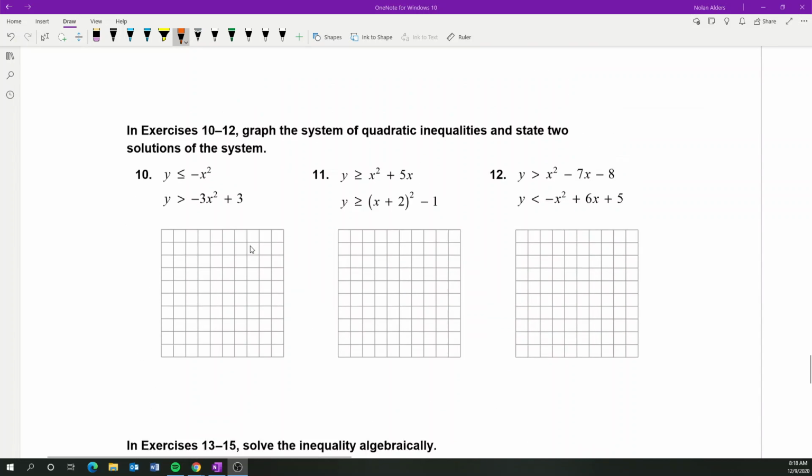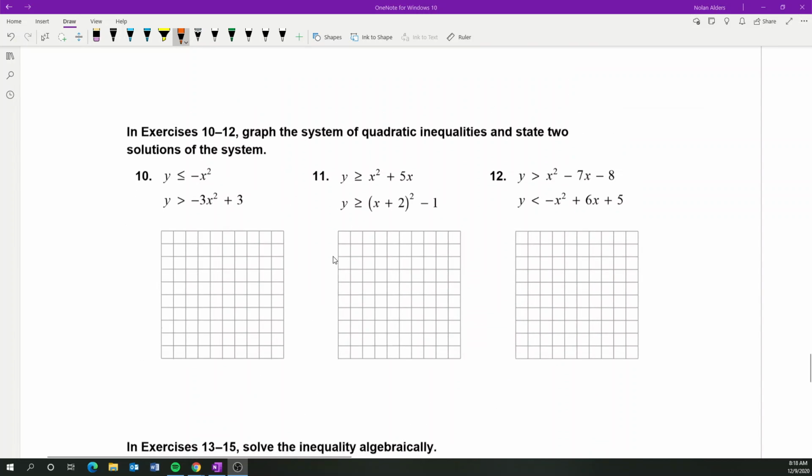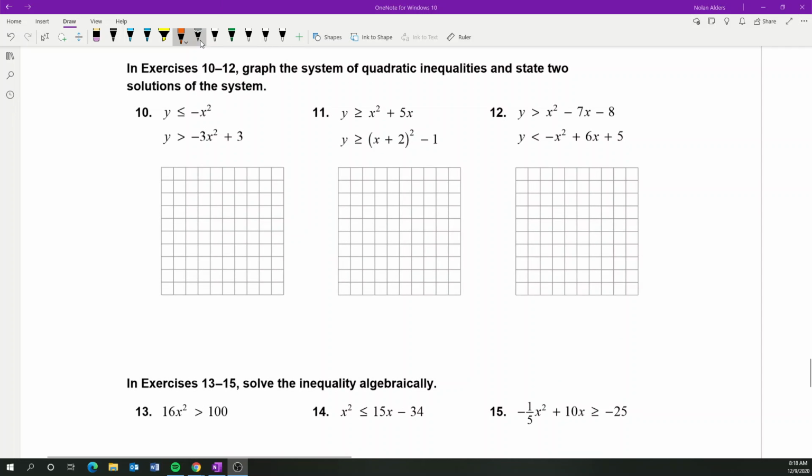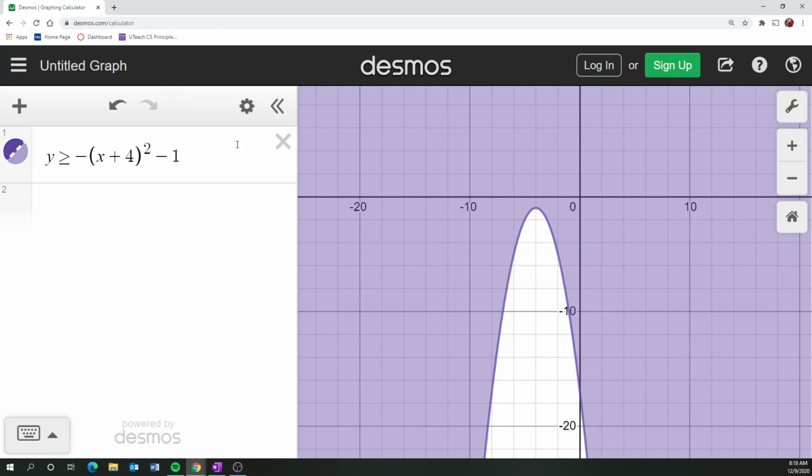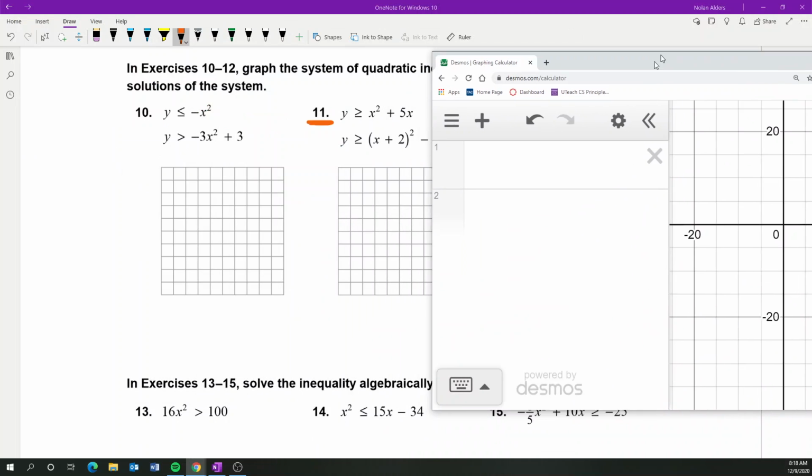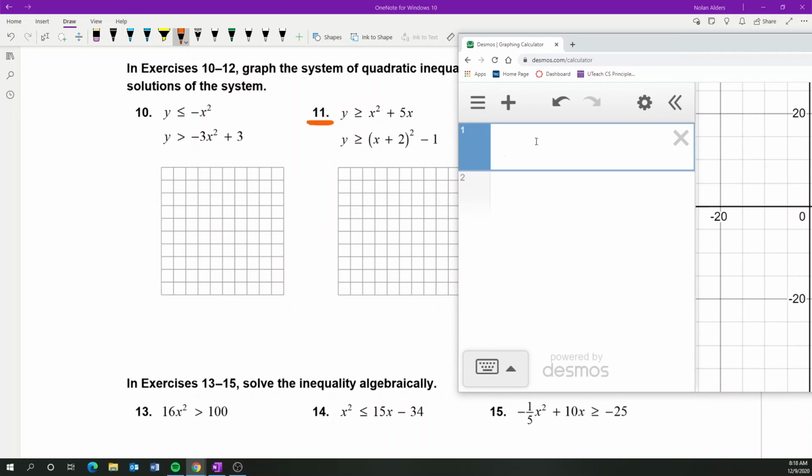Let's say now we wanted to graph a system of quadratic inequalities. So let's do number 11 here and work that one out, and then I'll leave the other ones for you to practice on your own. All right, so we'll go back to Desmos, and let's type in these two new inequalities.